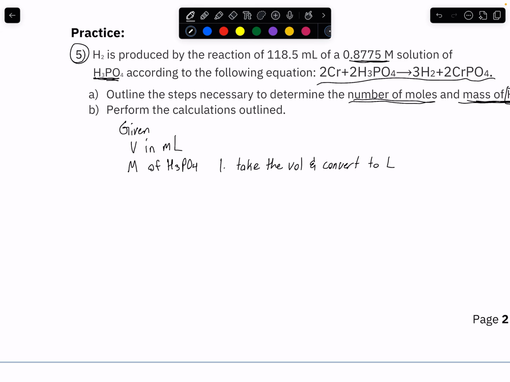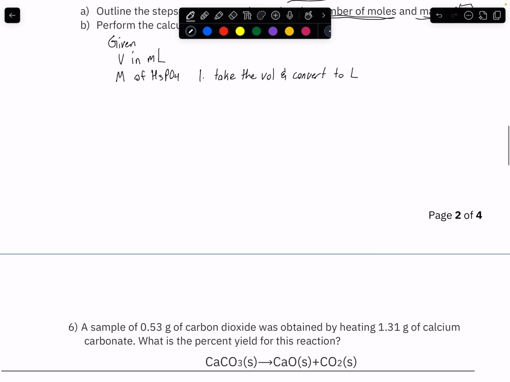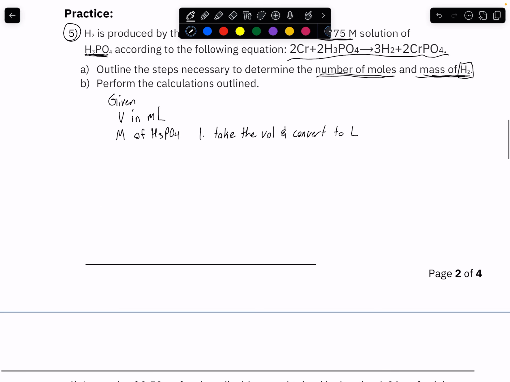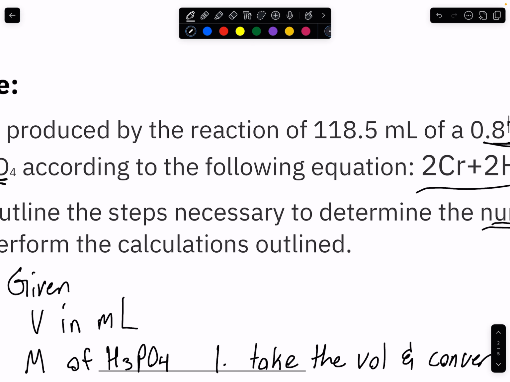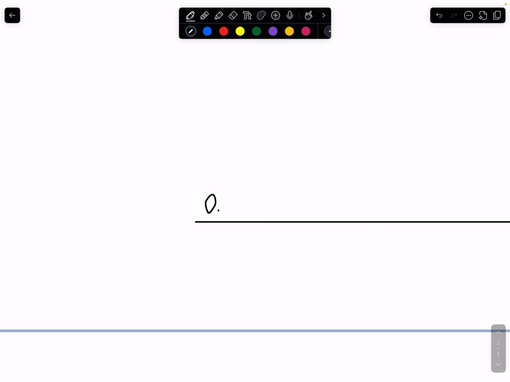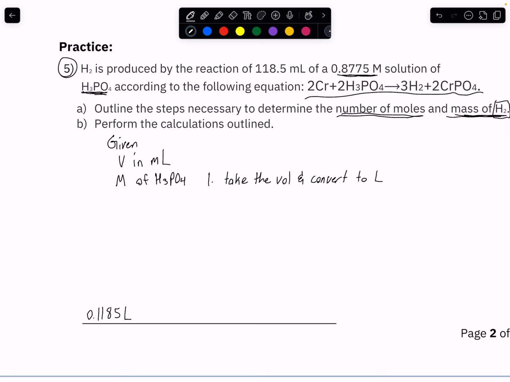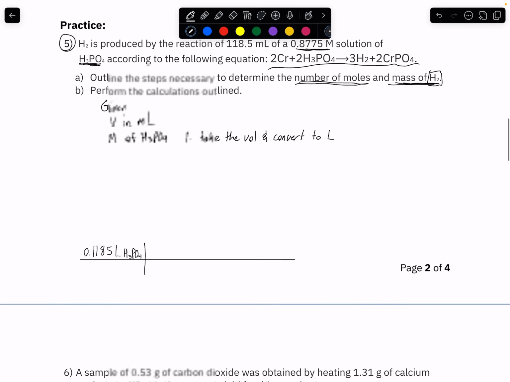So we know that 1,000 milliliters equals 1 liter, so we're going to move the decimal point 3 places, and I'm just going to put this at the bottom, so then we don't have to worry about moving our outlined steps, but I'm going to write 0.1185 liters, and I'm going to put H3PO4 because that's what our substance is as of right now.